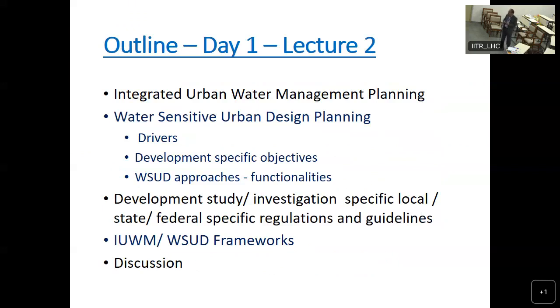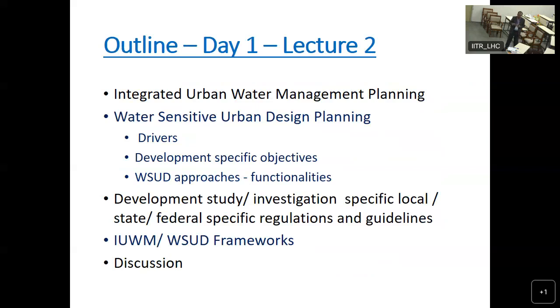So what I'm going to cover is basically integrated water management, planning, water system and design, drivers, objectives, because when you are looking at any framework, we should have a very clear idea of what our objectives are for providing those services. These approaches are very specific to local conditions.